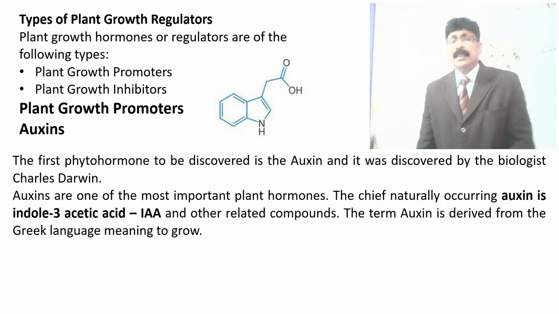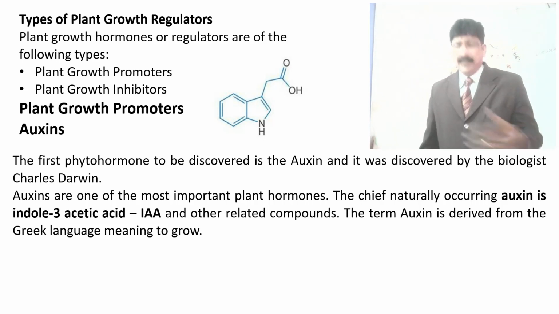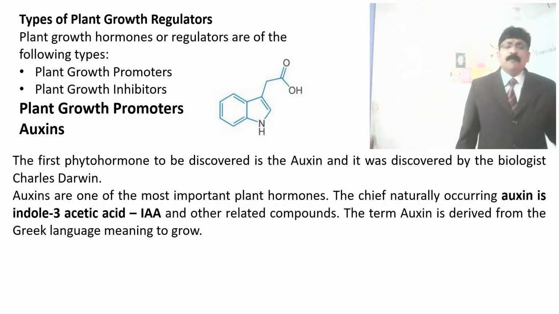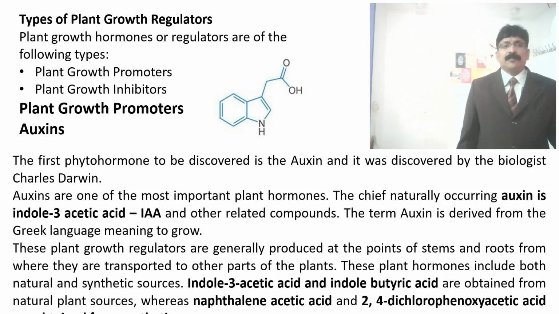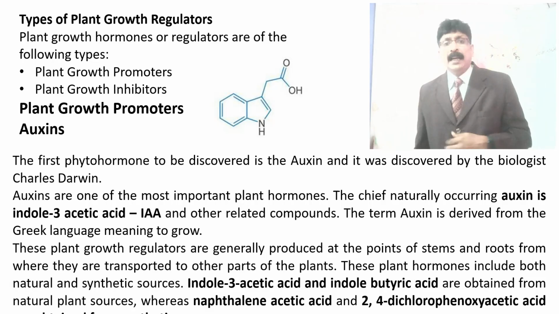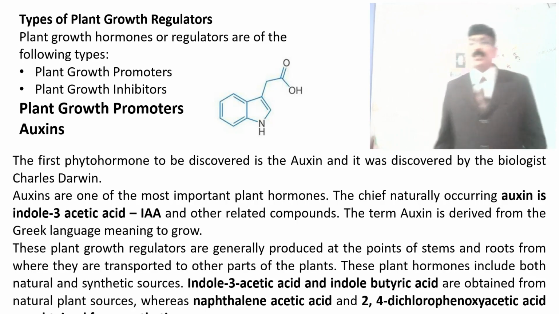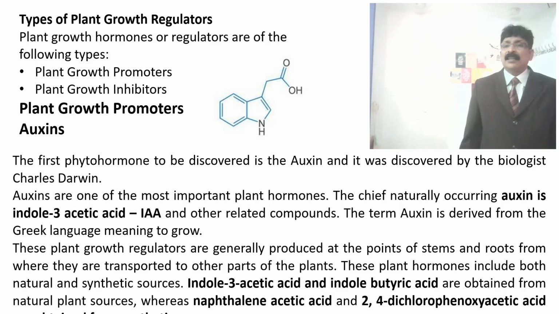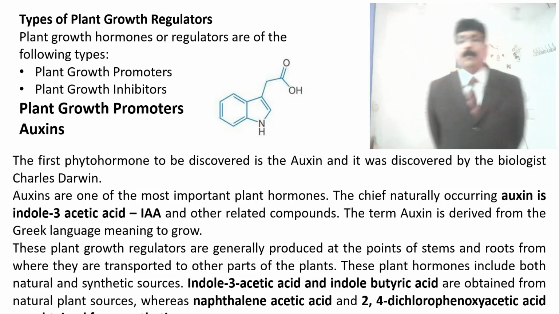The term auxin is derived from the Greek language meaning to grow. These plant growth regulators are generally produced at the tips of stems and roots, from where they are transported to other parts of the plant.